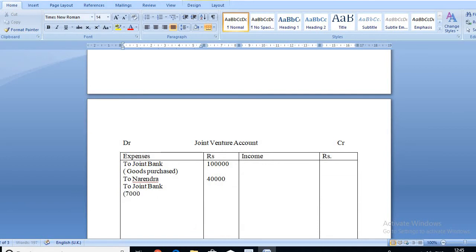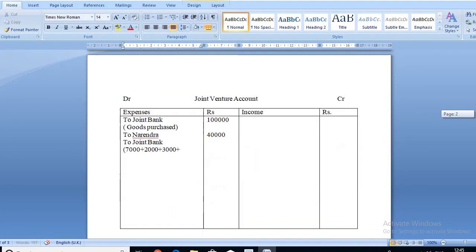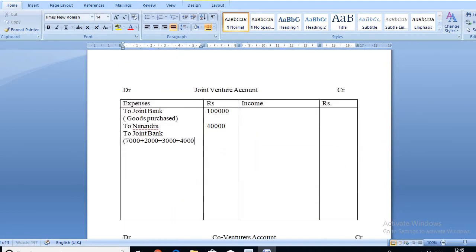Carriage 7,000 plus rent 2,000 plus insurance 3,000 plus other expenses 4,000. What's the total? 7 plus 2, 9. 9 plus 3, 12. 12 plus 4, 16,000.